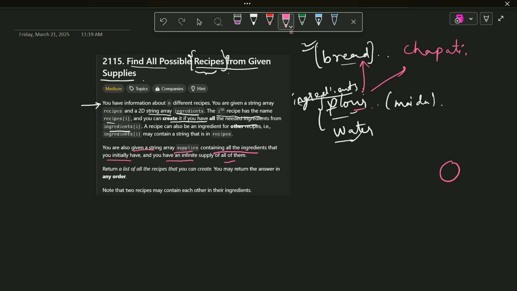There is a supplier who supplies the different types of ingredients that are required to prepare a recipe. Return a list of recipes that you can create. You may return the answer in any order. Note that two recipes may contain each other in the ingredients.